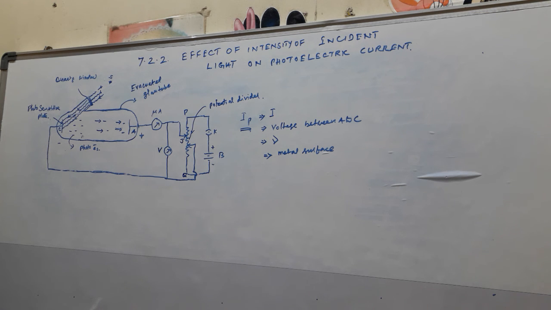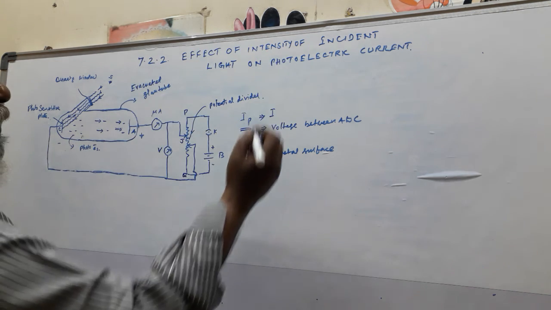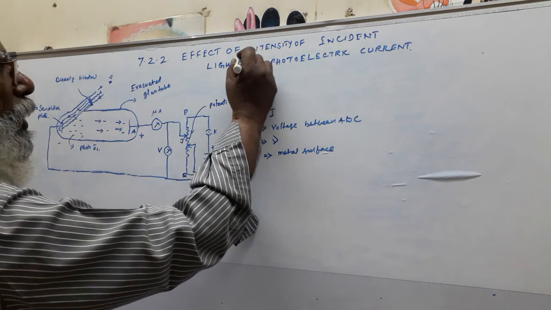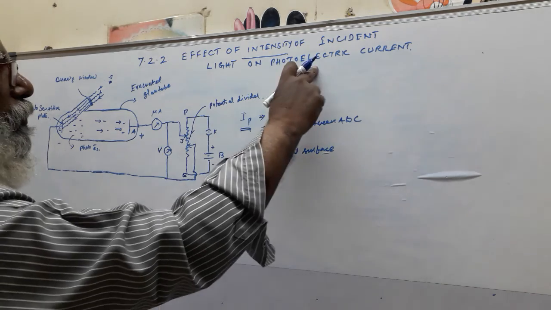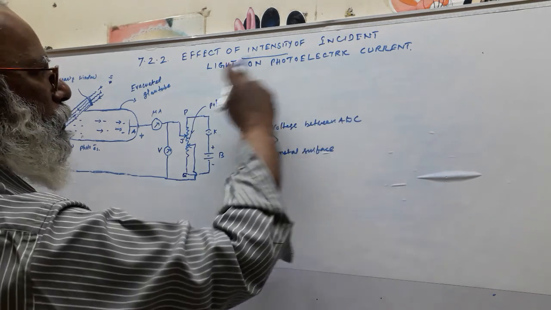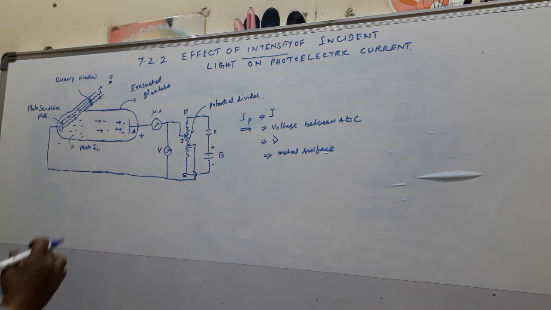The first thing that we are going to see is the effect of intensity of incident light rays. It may be ordinary light rays or ultraviolet rays, whatever it may be.